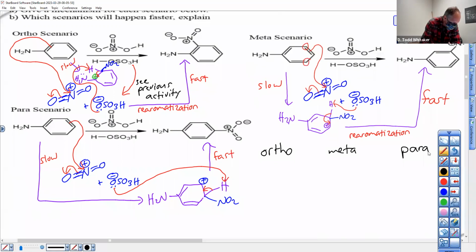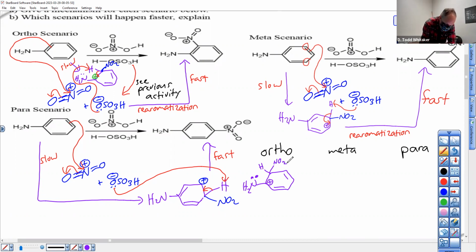Just going to copy the cations that I see already on the screen. Yeah, NH2. Put that lone pair on there. And we got H and NO2.